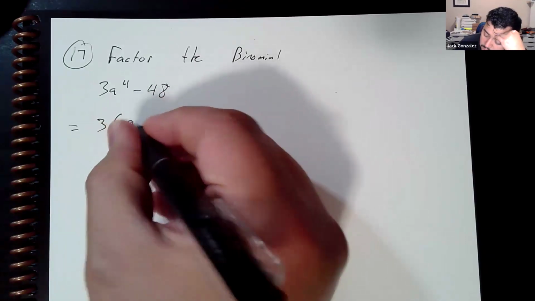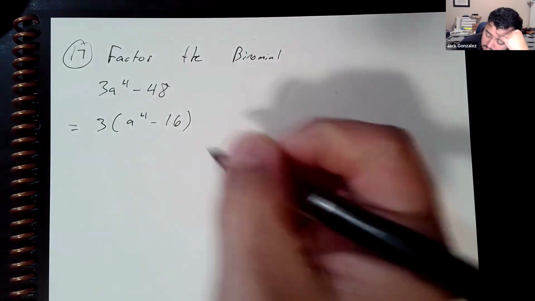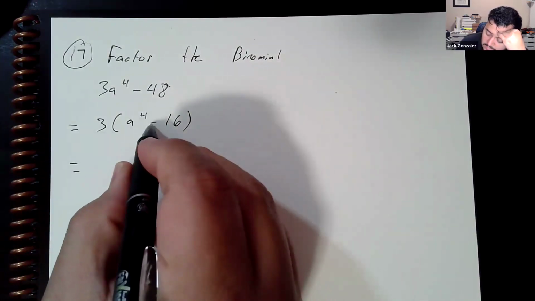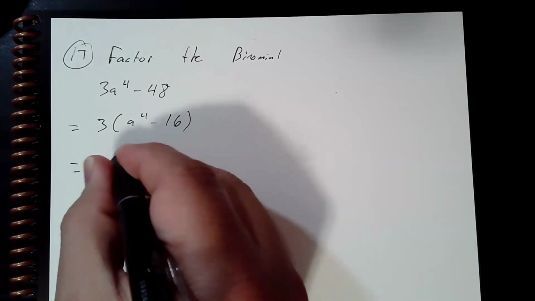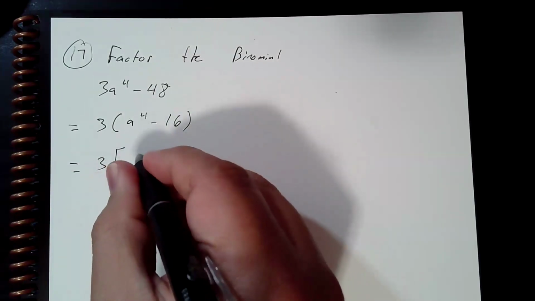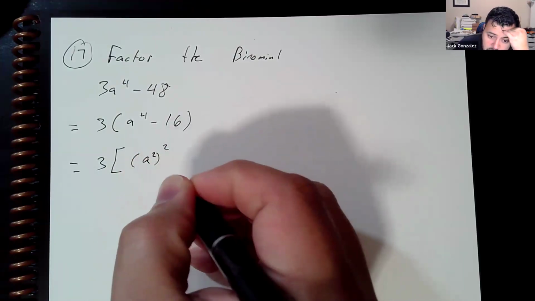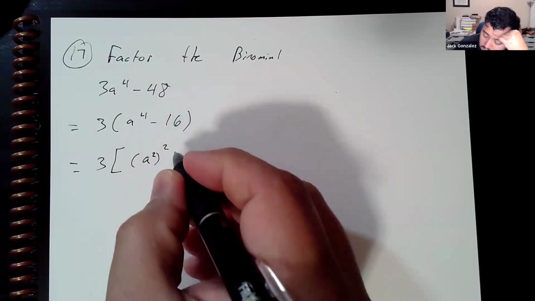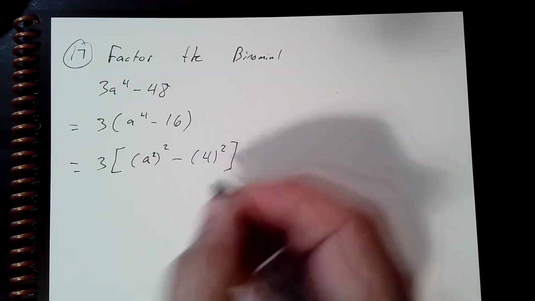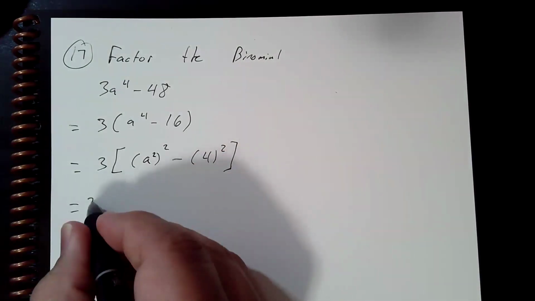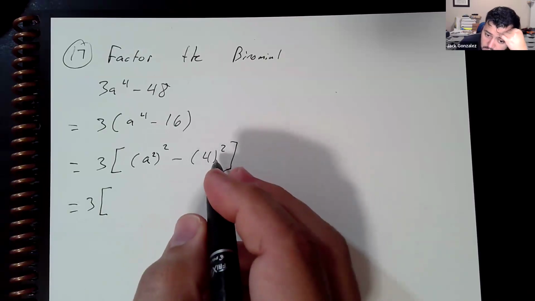But here we go. Next step, you have a minus. Can I write these as difference of squares? So let's attempt it. This is a squared squared, right? You agree that that is a 4 squared minus a 4 squared.